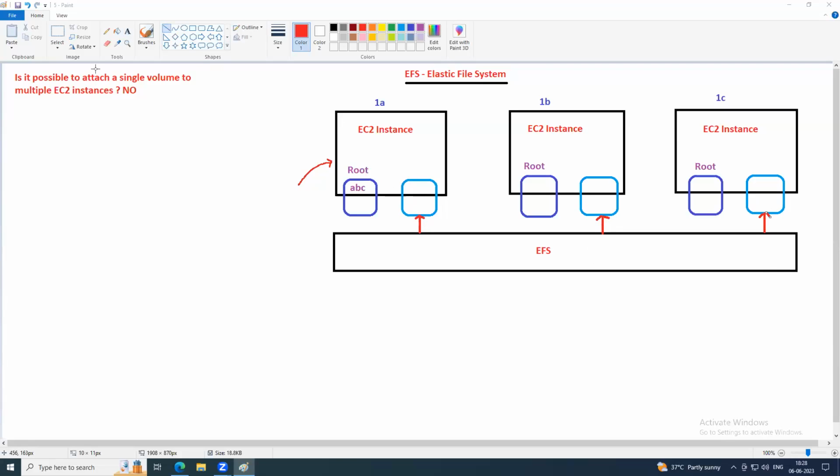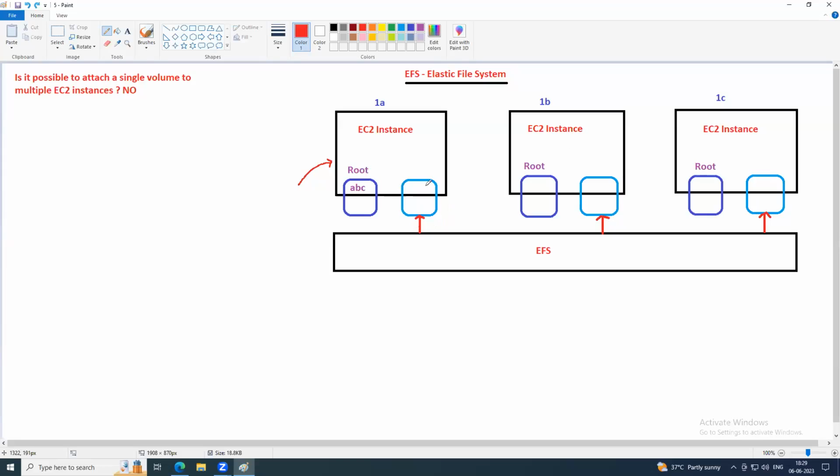Okay, guys, see here. The second one which I told you, these are not additional volumes. Generally, on your laptops, if you attach a pen drive, it creates a temporary mount point called D drive or E drive. Same way here, whenever you attach this EFS to the EC2 instance, you need to mount it.